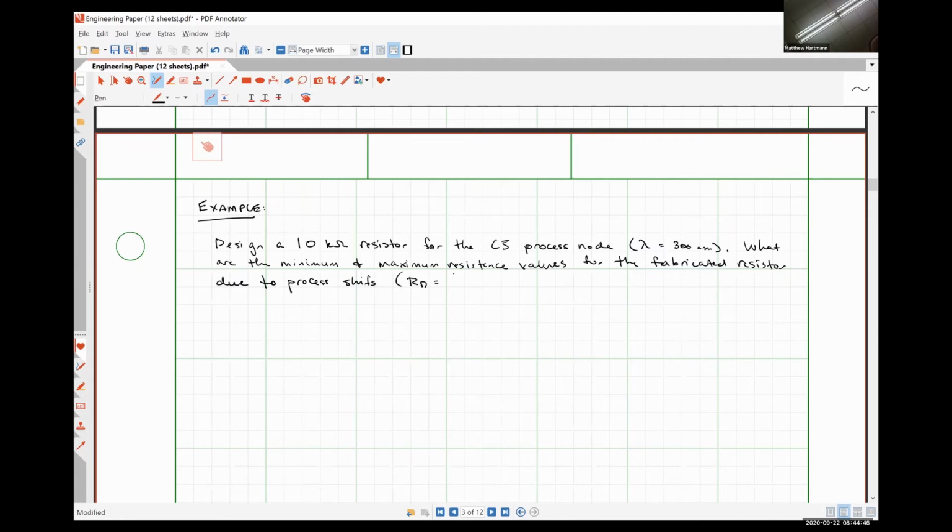And we can say that R square for this process is 0.8 kiloohms plus or minus 20%.